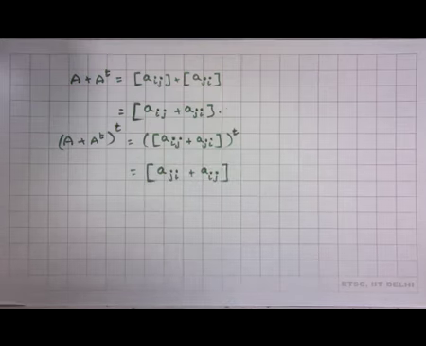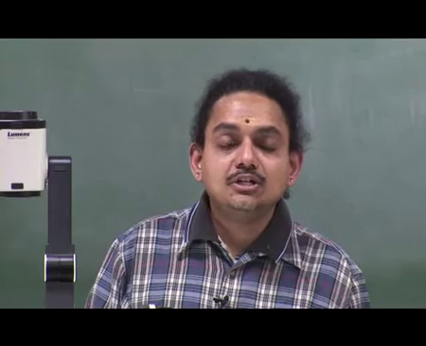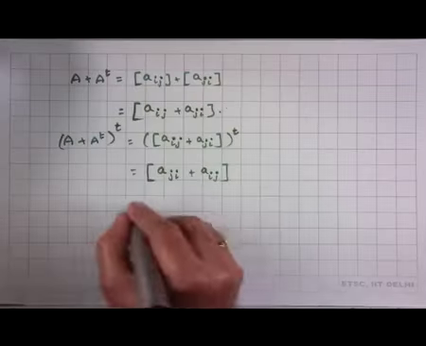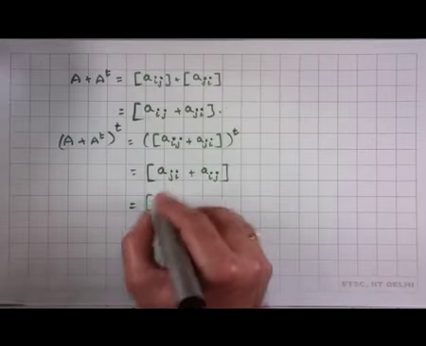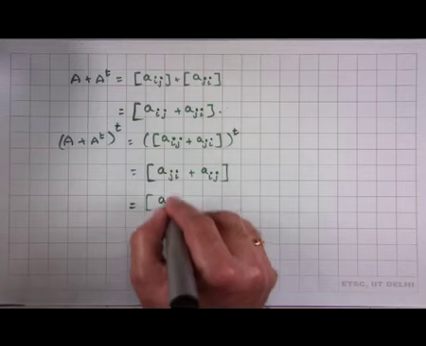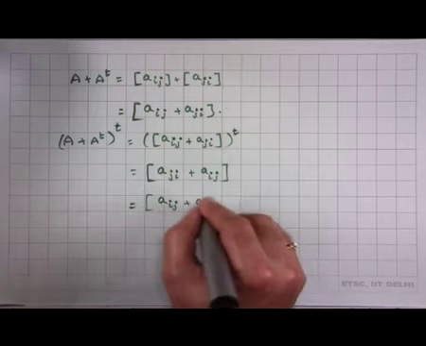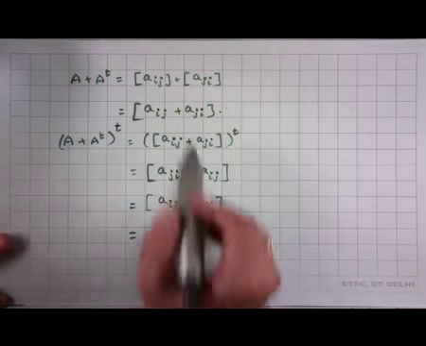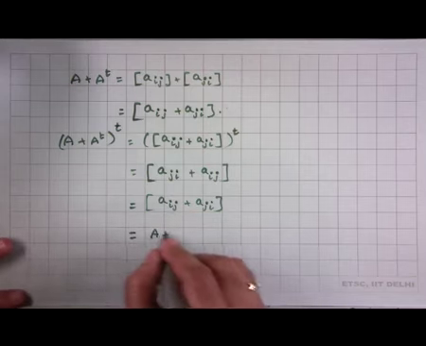Again note that the addition of real numbers is commutative, and therefore, this is the same as aij plus aji, which is the same as A plus A transpose.